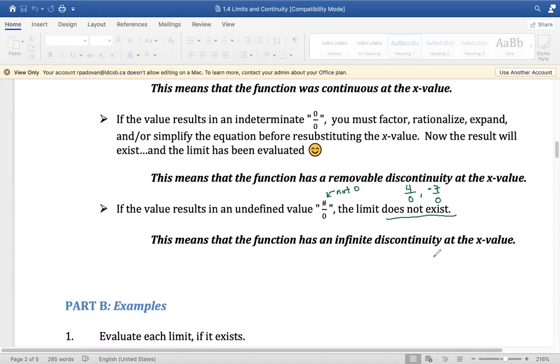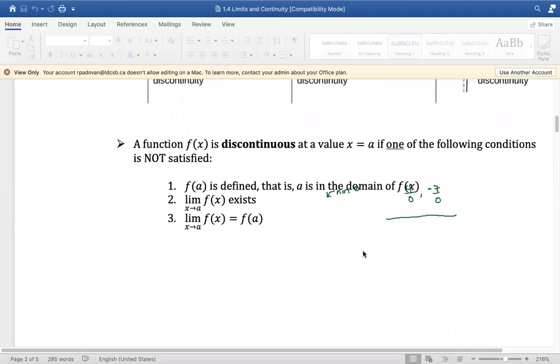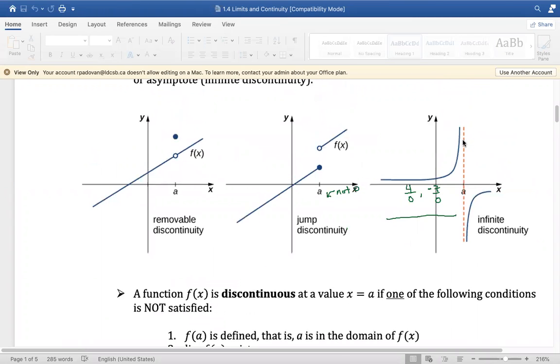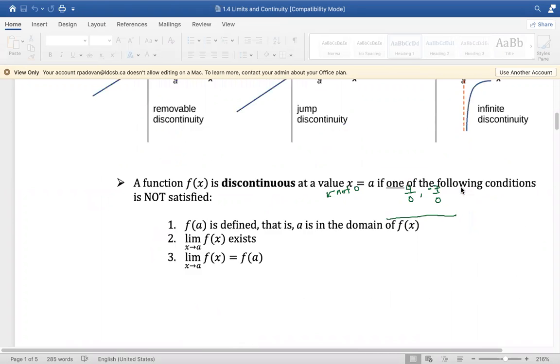So this means that the function has an infinite discontinuity at that particular x value, meaning I have an asymptote, right? Infinite discontinuity would look like this one here. At that x value, there's a discontinuity. I have no portion of the graph going through that x value, going through that a value.